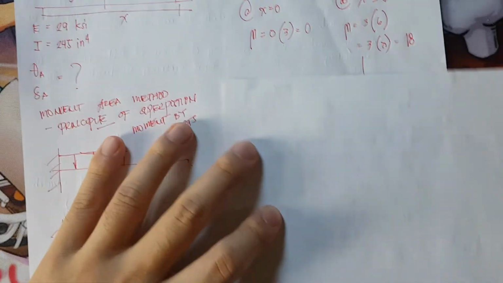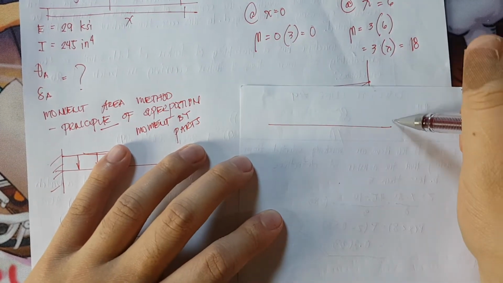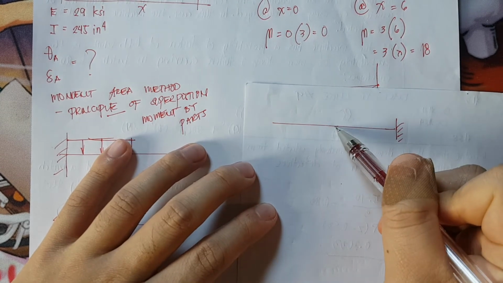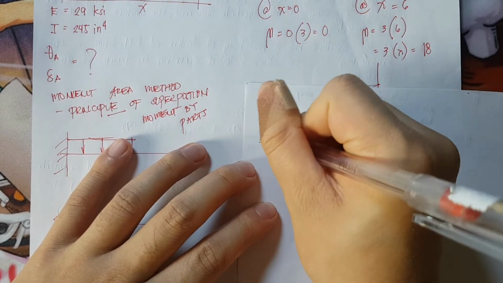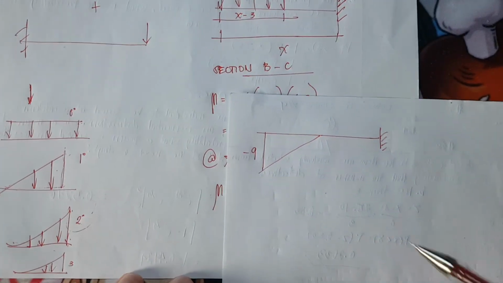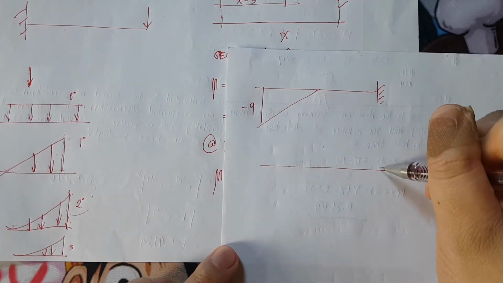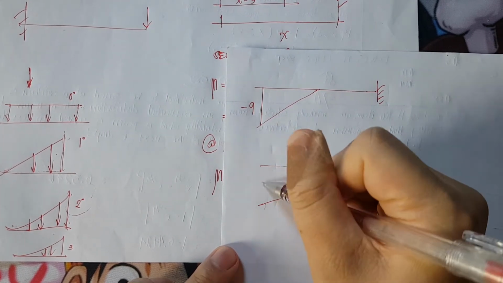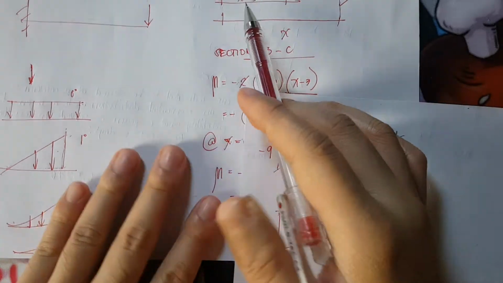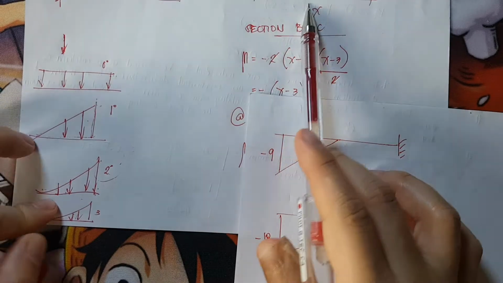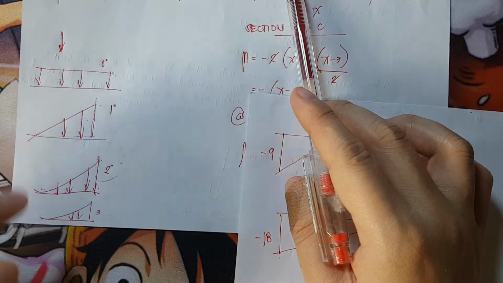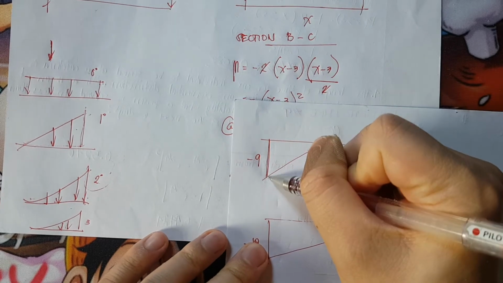Okay? So, redrawing that, ang magiging itsura na nung diagram natin is ganito. So, from 0 to negative 9. Then, yung isa naman nating diagram is triangular din. Negative 18 for the moment diagram. Ay, mali. This is a uniformly distributed load. So, dapat, ano siya, parabolic.